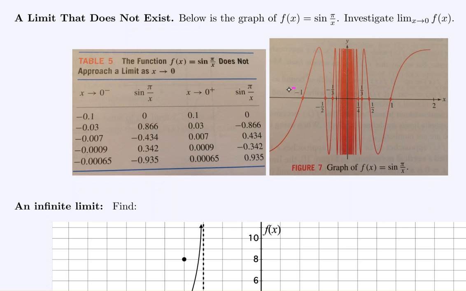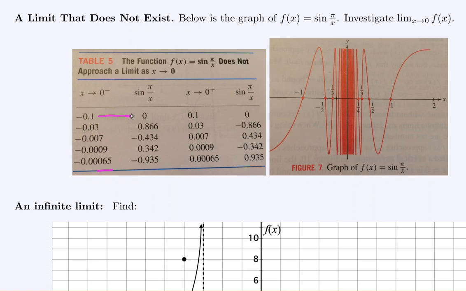And you can see that maybe a bit more clearly through the table. Notice my x values are approaching 0 from the left. They start at negative 0.1, negative 0.03, negative 0.007, until we get very close to 0 with negative 0.000065. But what's happening in the output values?